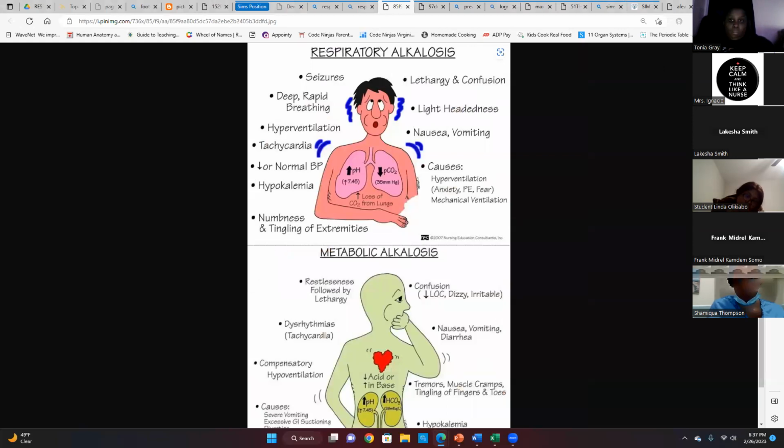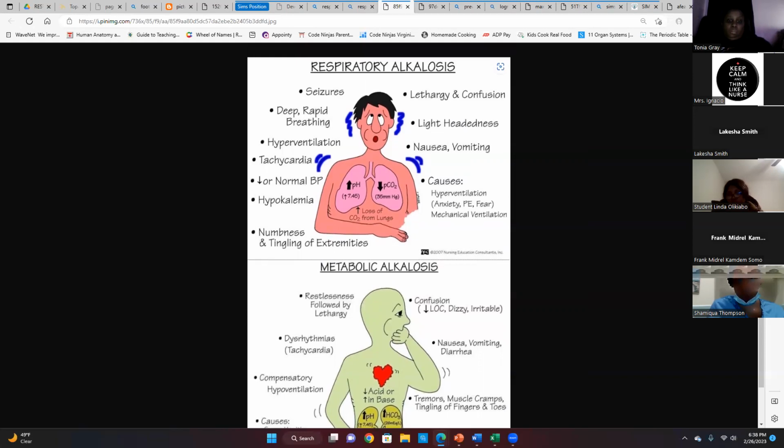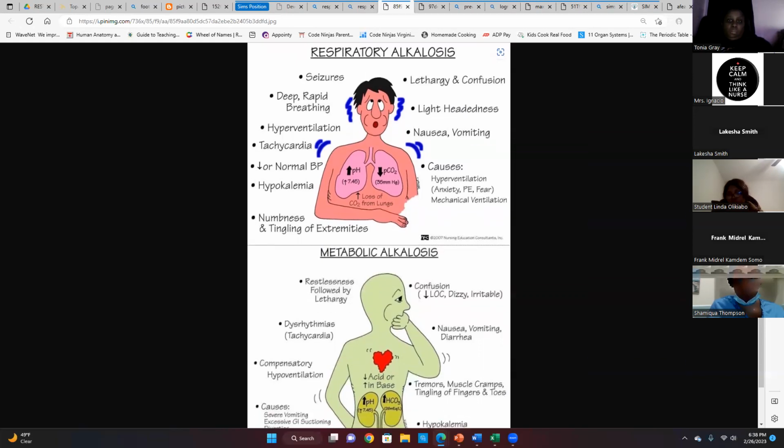When we think about alkalosis, the patient is too basic. With respiratory alkalosis, this patient could be hyperventilating. In the movies, you see them saying, breathe into this paper bag, because they need to get more acid. They need to breathe in their own carbon dioxide. A patient at risk for respiratory alkalosis can have seizures, tachycardia, and low or normal BP.